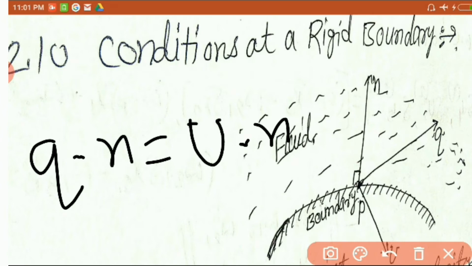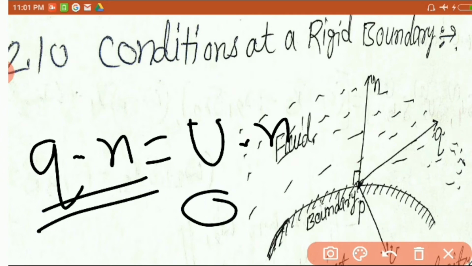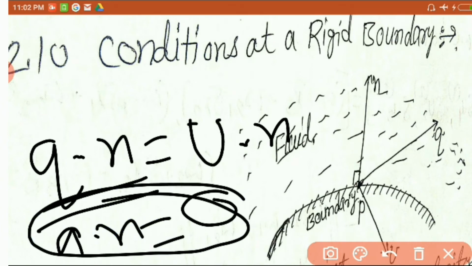In the case when the boundary is at rest, we require q dot n to be 0 at every point of the boundary. So this condition at the rigid boundary, this article is finished.